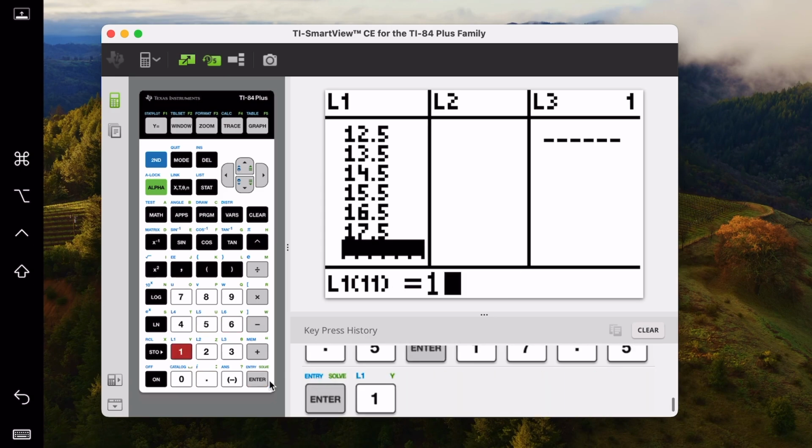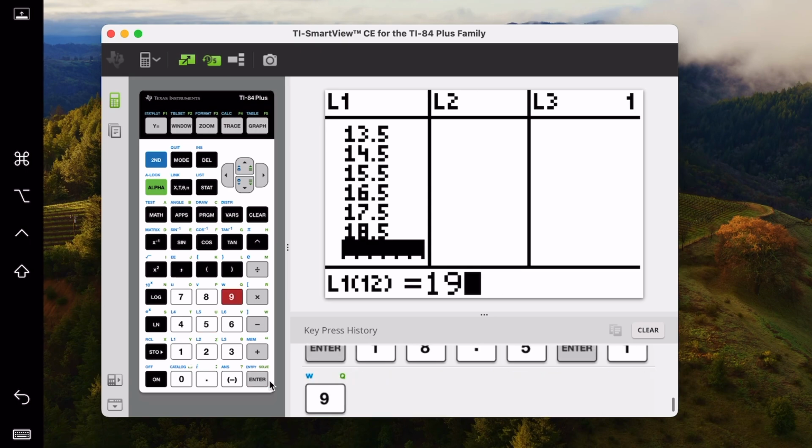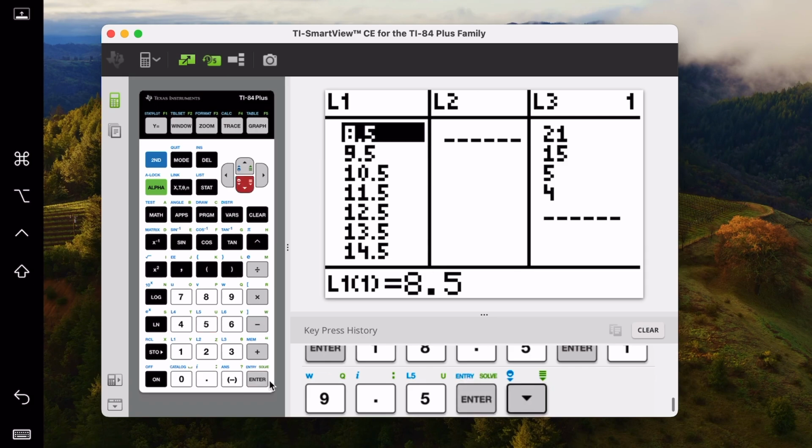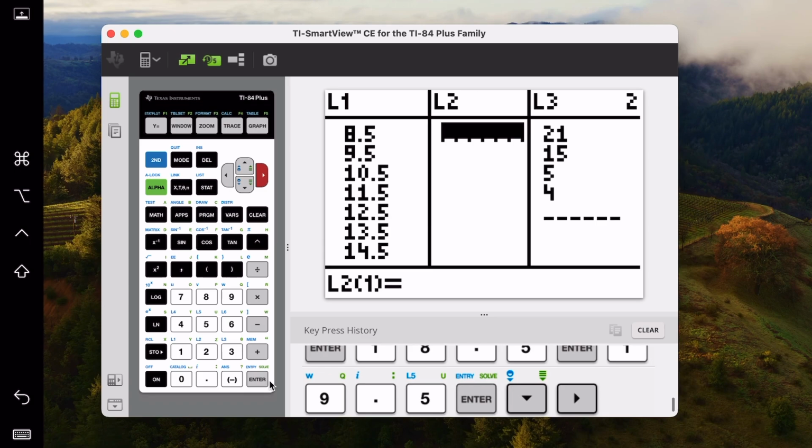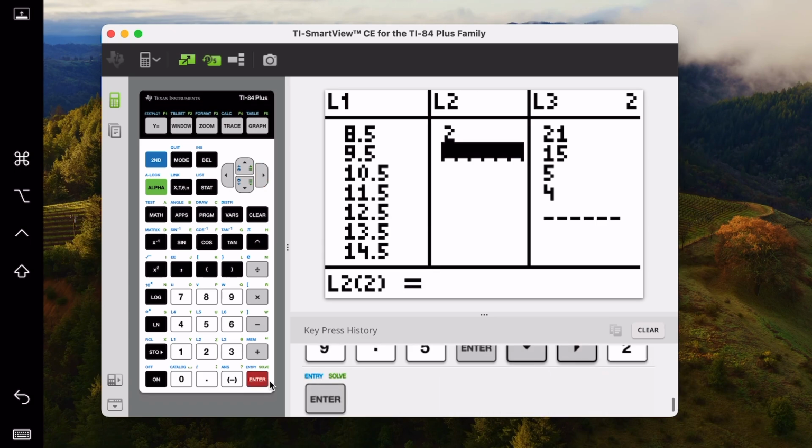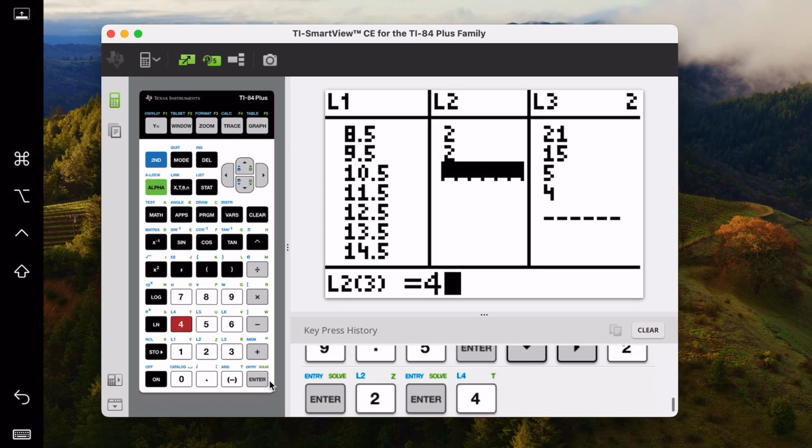Once you get to 19, then we're going to enter the frequency in list 2. So we're going to tell it how many 8.5s did we have, how many 9.5s did we have, and so on. So I had 2 8.5s, I had 2 9.5s, I had 4 10.5s.